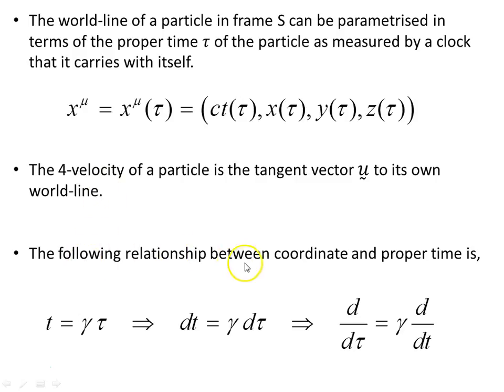The following relationship between coordinate and proper time: coordinate time t is gamma times tau, proper time. The differential form of that is dt is gamma times d tau, and we can rearrange that to have d over d tau is gamma times d over dt.